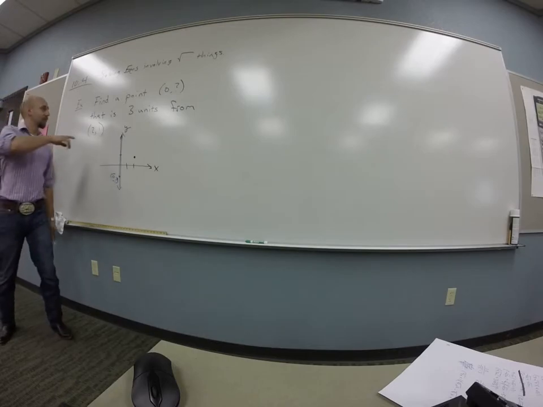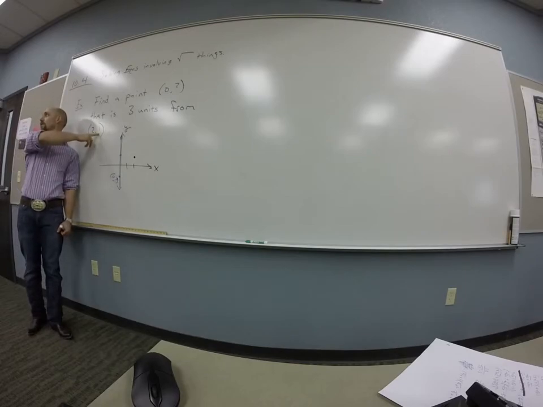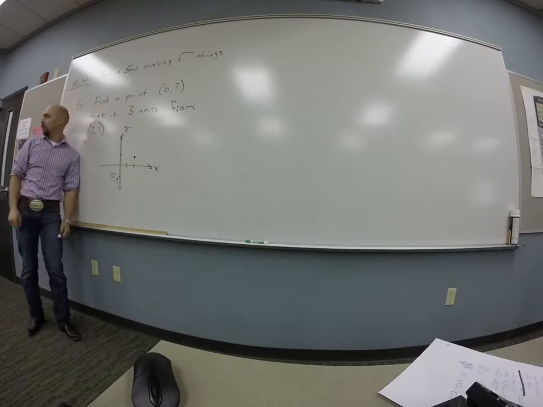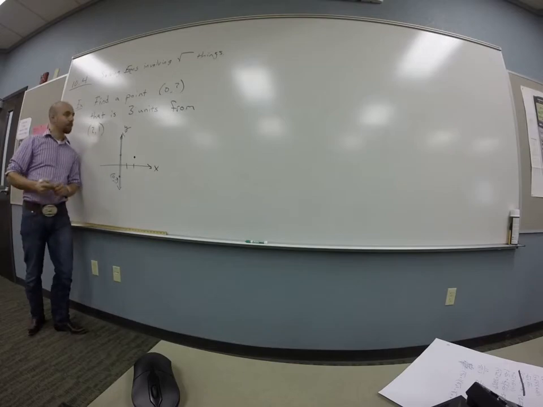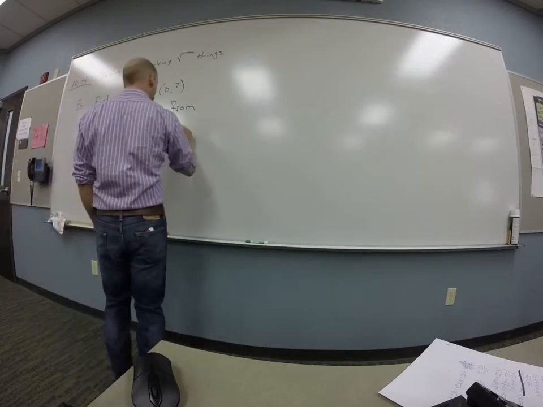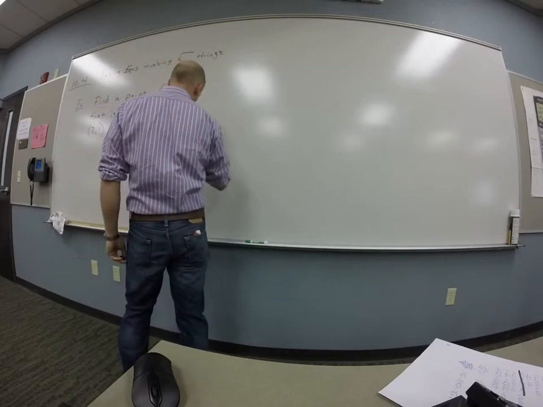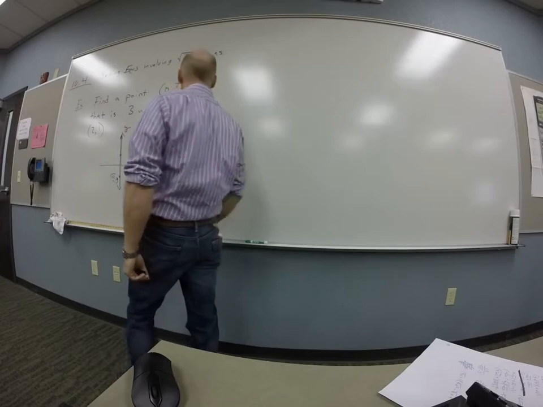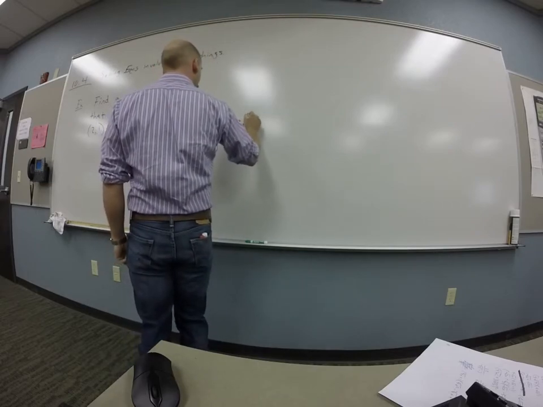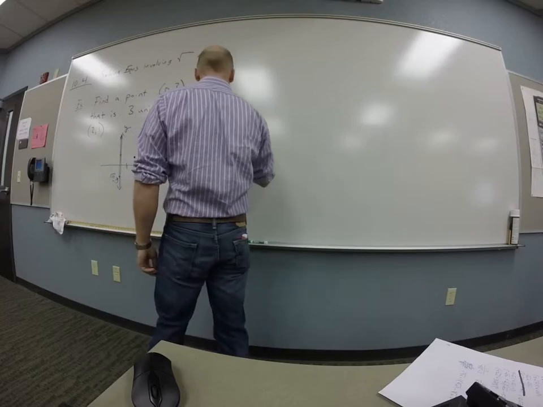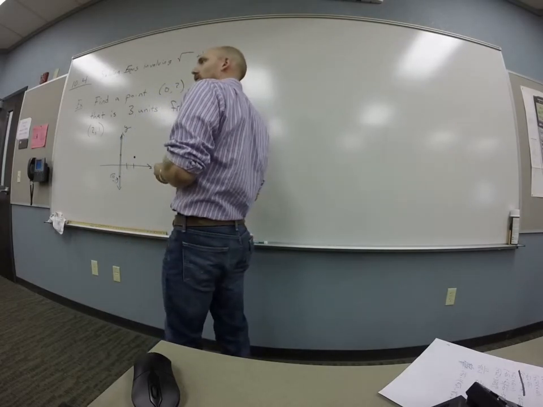If you add and subtract 3 from this, it'll give you points that are 3 units away, right? But only vertically. They don't look like 0, comma, question mark. They look like 2, comma, question mark. See that? So if I start with this guy and I do 2, comma, 1 plus 3 and 2, comma, 1 minus 3, okay, this is 2, 4, and this is 2, negative 2.